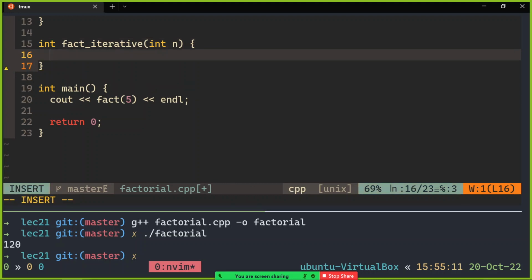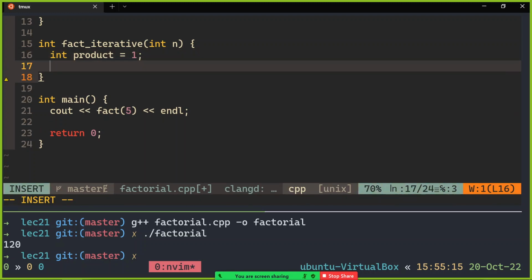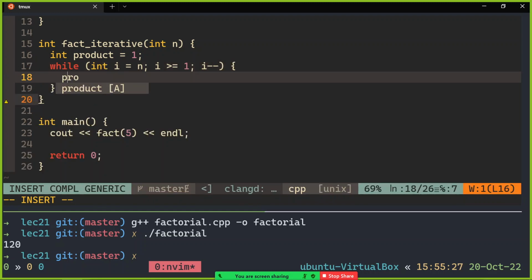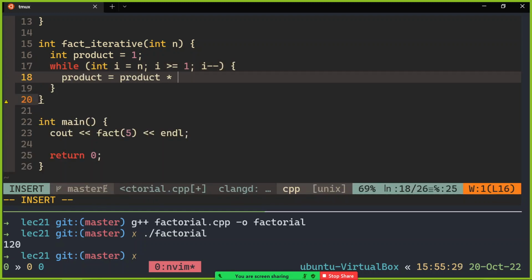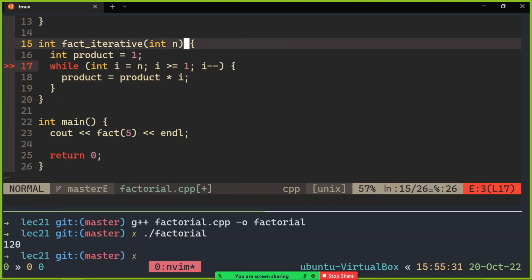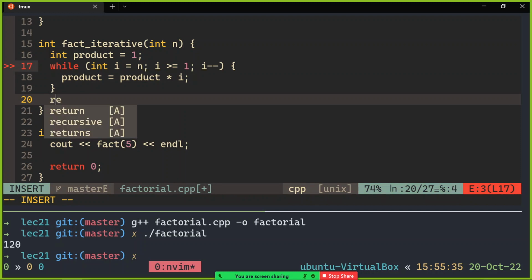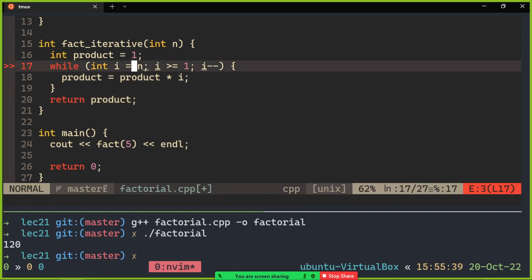You'd have to build up a product, and product started at 1, and then multiply all the numbers from int i equals n all the way down to 1, i minus minus, product equals product times i. That would multiply all the numbers from n to 1 into this product variable and return product. What have I done wrong?